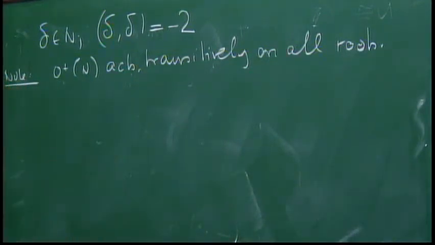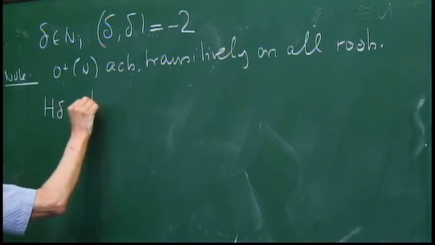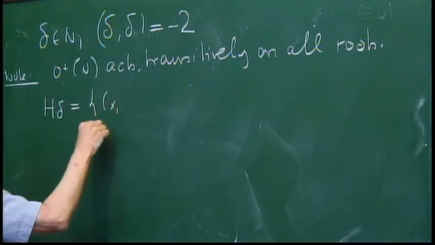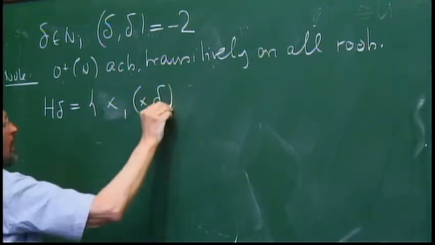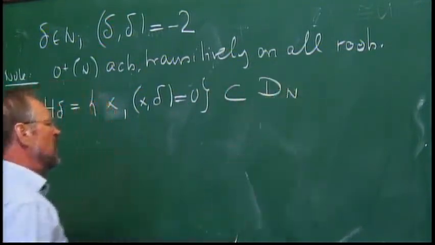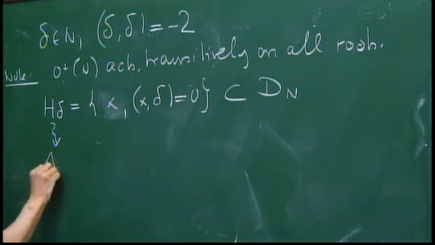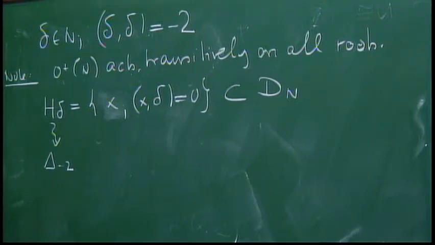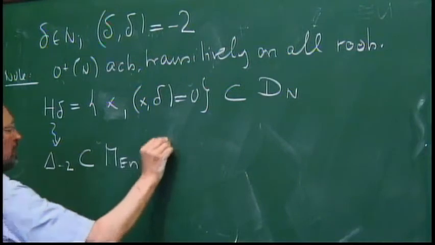And what I can do is either say this is a reflection and take the associated hyperplane, or I can take H_delta, which is the set of all x such that x delta is 0. So this is something which I can think of in D_N. And that, if I map it to my quotient, will then be a hypersurface.